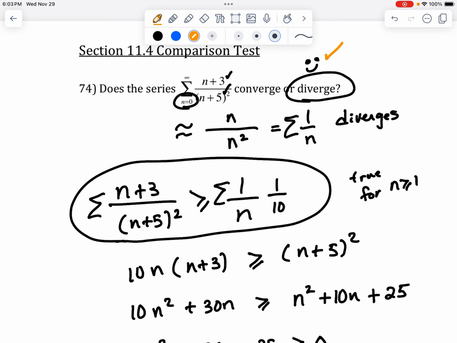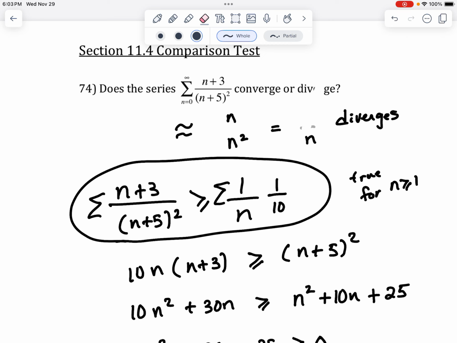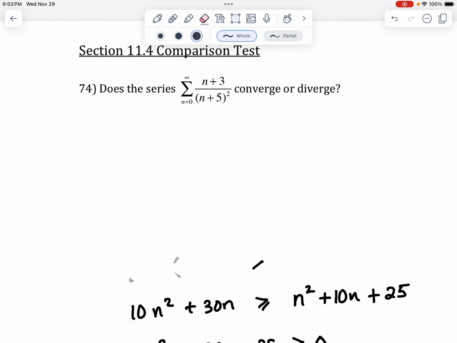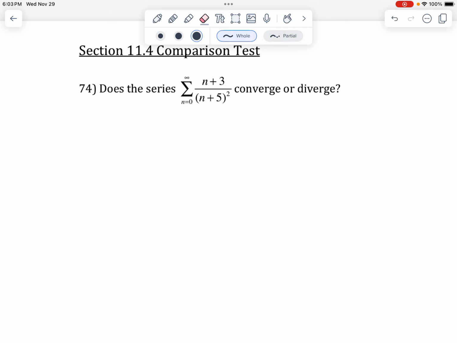And if you want to be done with this one and move on to the next, that's fine. But I would also like to show you, go back, and instead of using the comparison test, which took some algebra, took some guessing and checking, as well as graphing and quadratic formula and erasing. So instead, what if you use the limit comparison test?